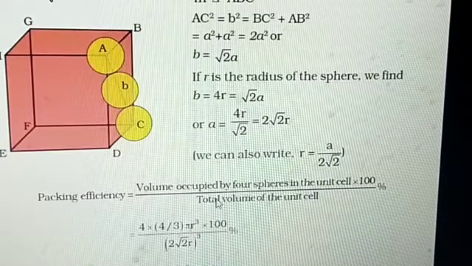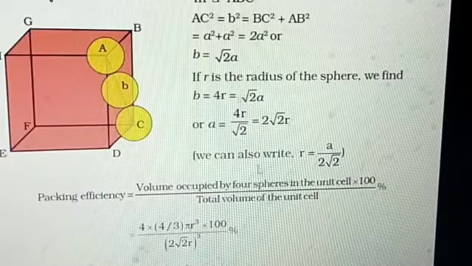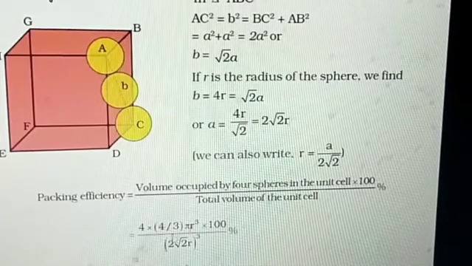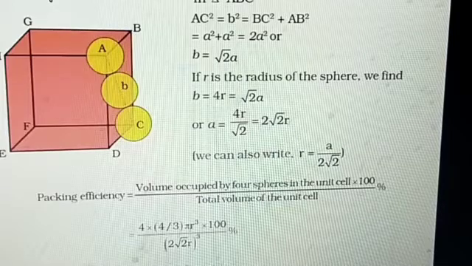So 4 into 4 by 3 pi r cube by the total volume of the cubic unit cell, each side being 2 root 2 r, so 2 root 2 r whole cube into 100.